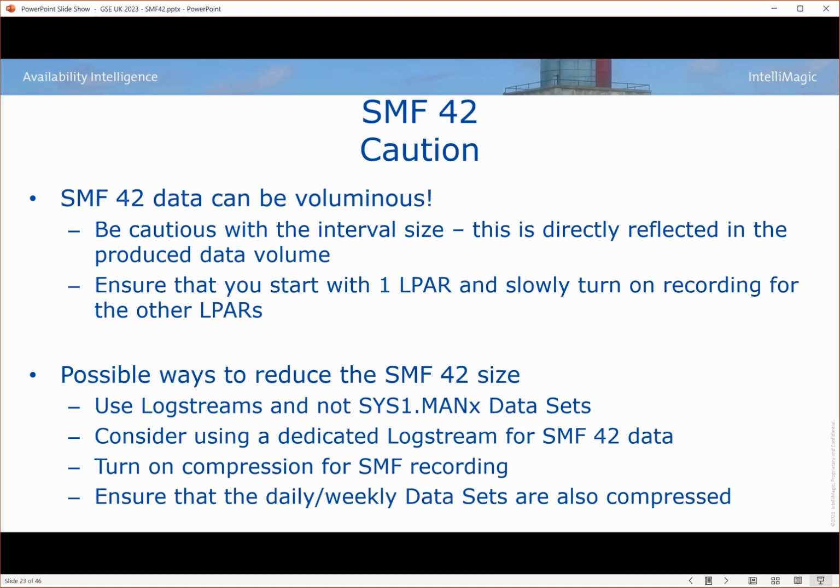I find compression for SMF recording is very good for reducing the amount of data stored on disk. And also maybe your processing of SMF data, if you keep daily or weekly buckets of data before they go to tape, they should also be compressed, okay? So there are a few things you can look at in order to reduce the pain, if it is painful for you, to look at and generate the 42 data.